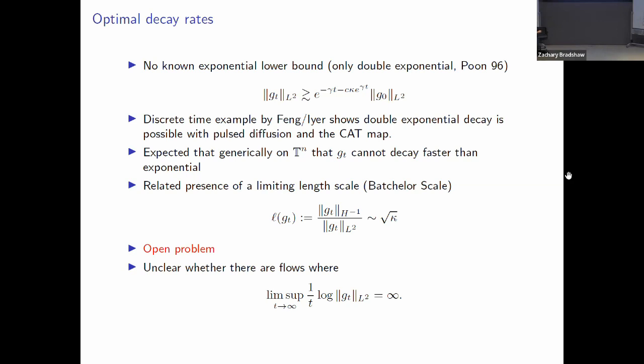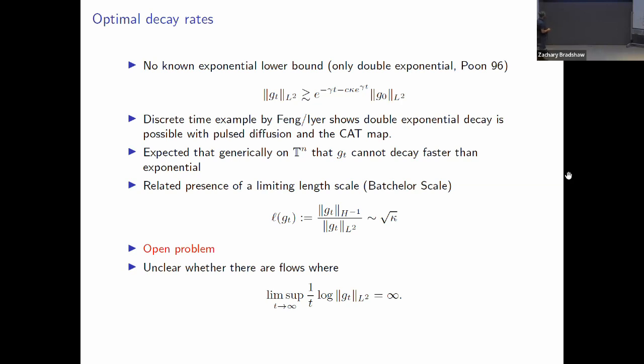In fact, this whole thing is related to the presence of a conjectured length scale, which is the backstroke scale. If I were to look at the H-1 norm over the L2 norm, this thing roughly sits at an order scale of square root of kappa. So this is more closely related to that strange eigenmode picture that I described. If I took G and normalized it by L2, then you get this sort of dancing structure where, if I look at the typical length scale in there, it sits around square root of kappa.